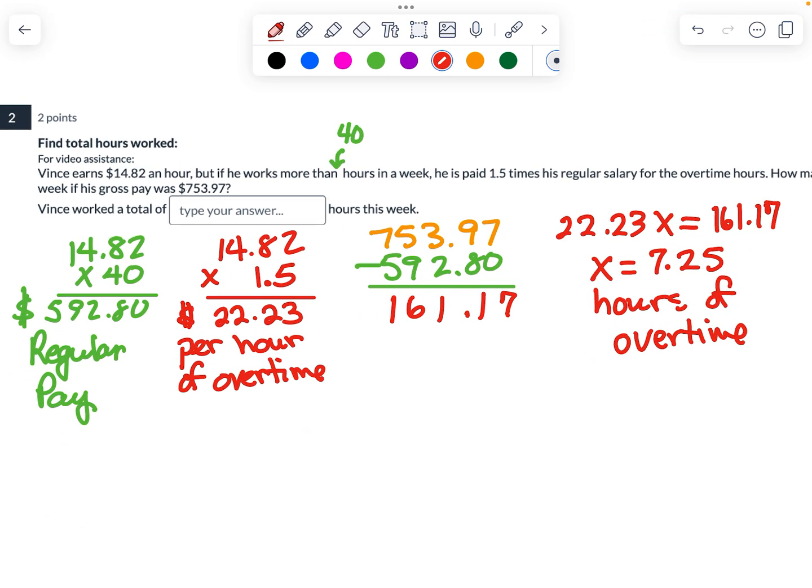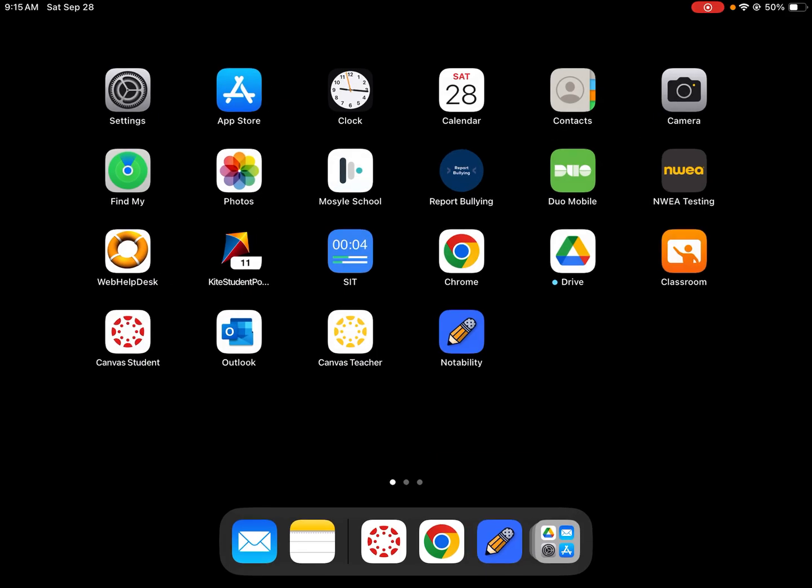So that would be 7.25 plus 40 hours of regular pay. So how many hours did we work? 47 hours and 15 minutes, or 47.25 hours.